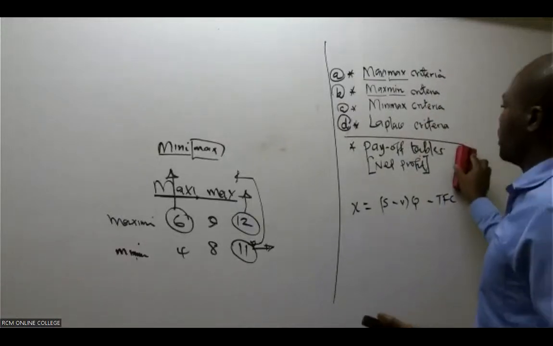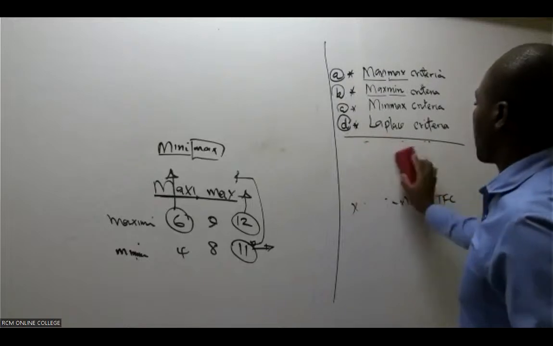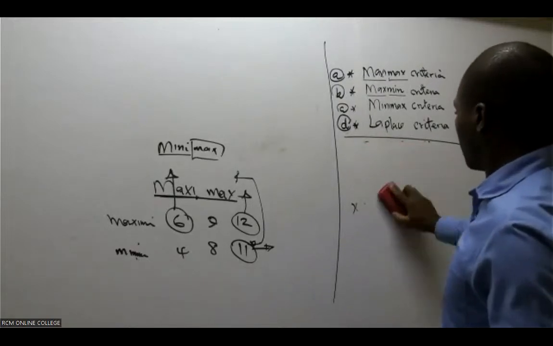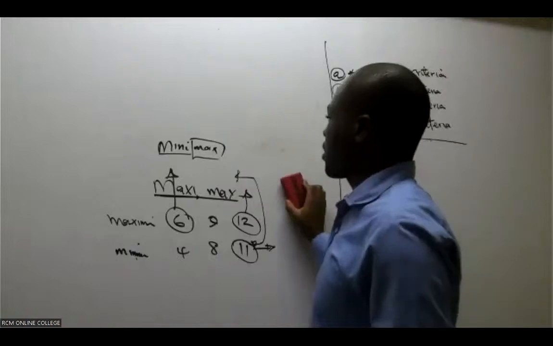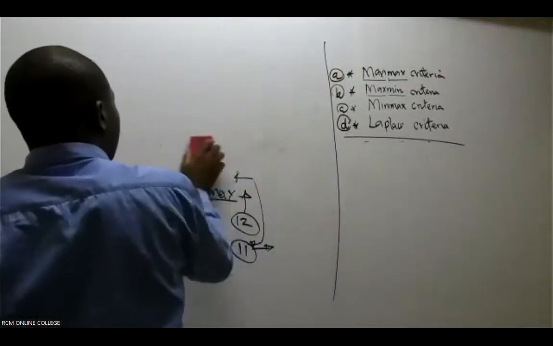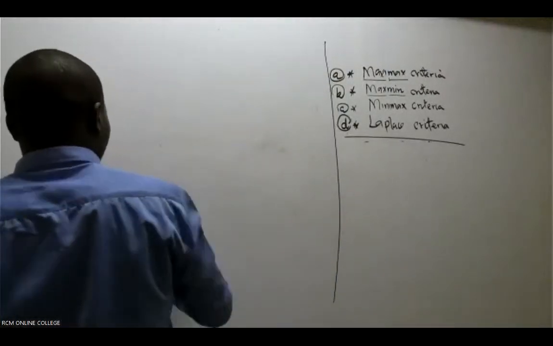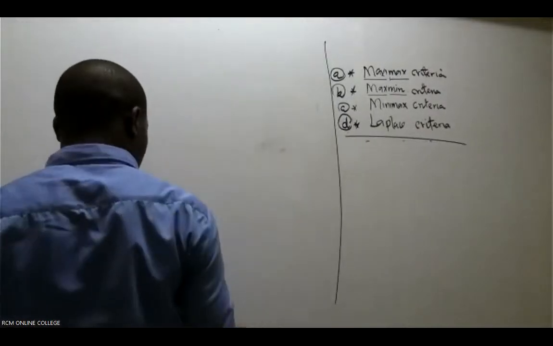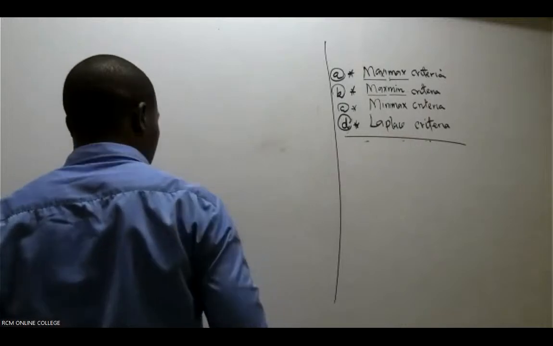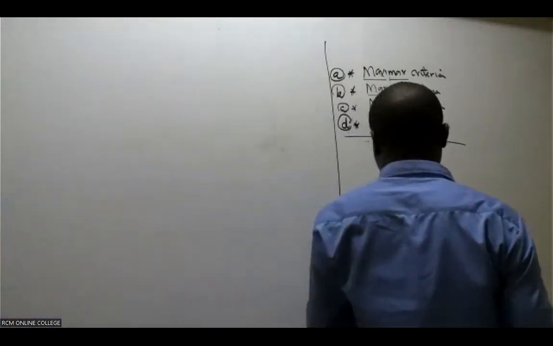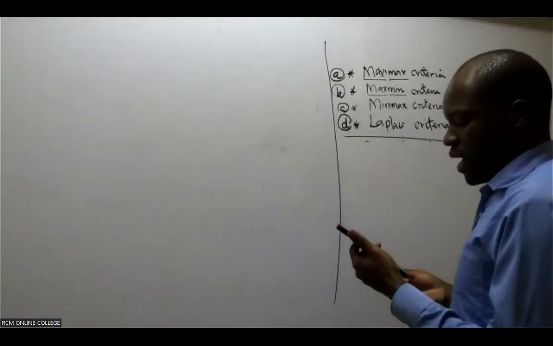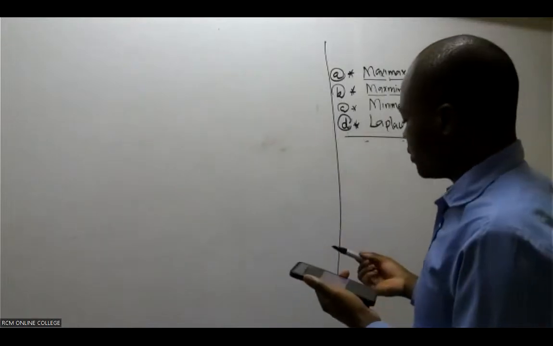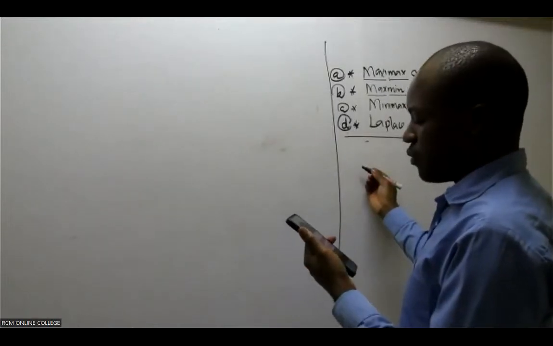Now we should be able to go ahead and look at what we have. I want us to set up the table down here first of all. Let's get the net profit for this particular table.